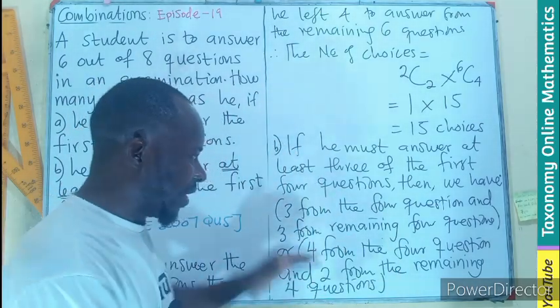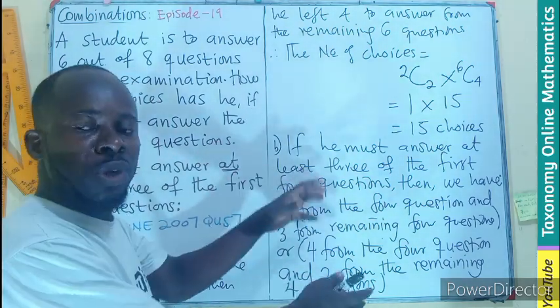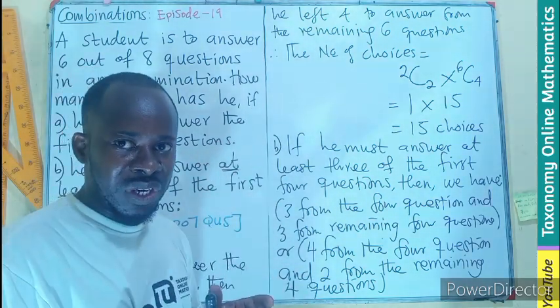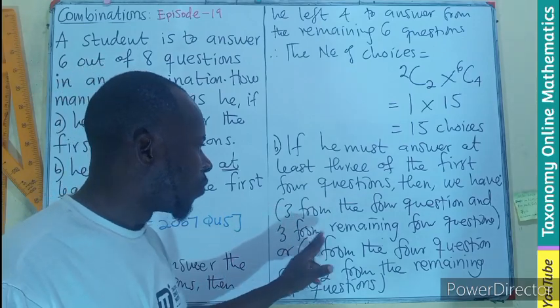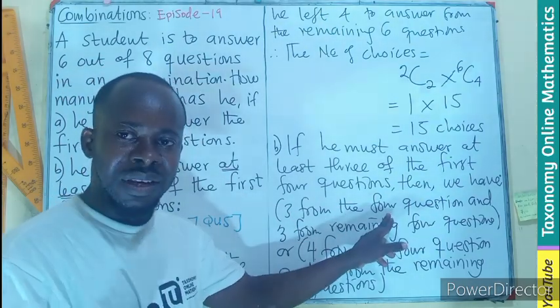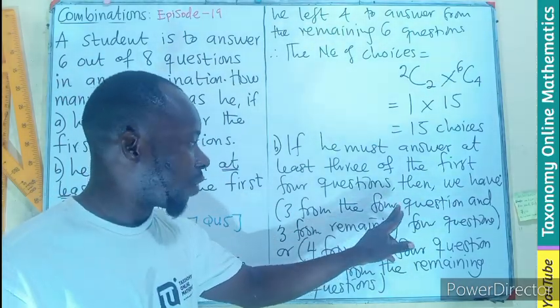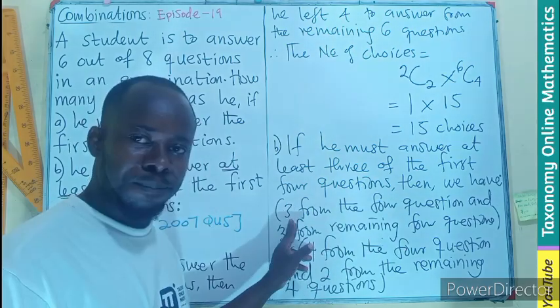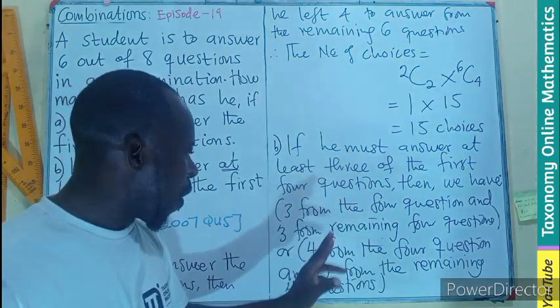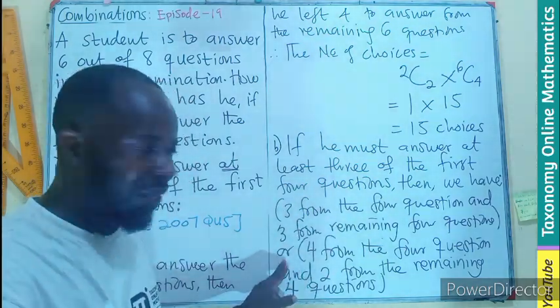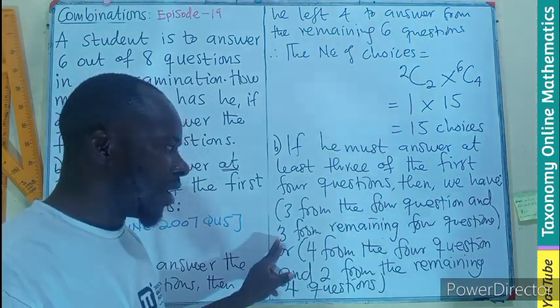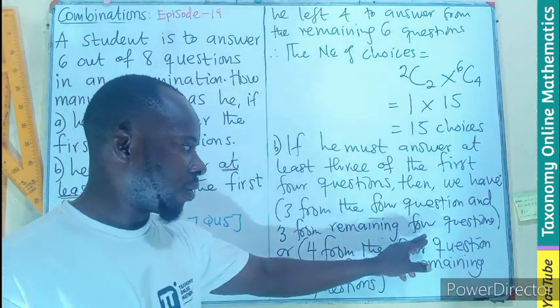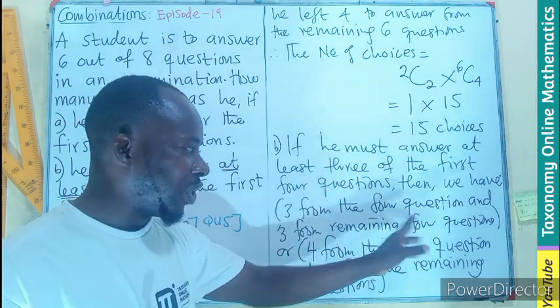Good. So with this explanation, we can deduce the combination formula from here. Picking 3 out of 4 simply means 4 combination 3. Then the "or" here means addition. This "and" means multiplication. So 3 from 4, I think I'm changing the position.